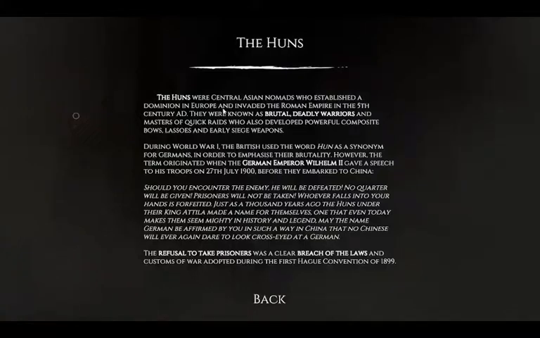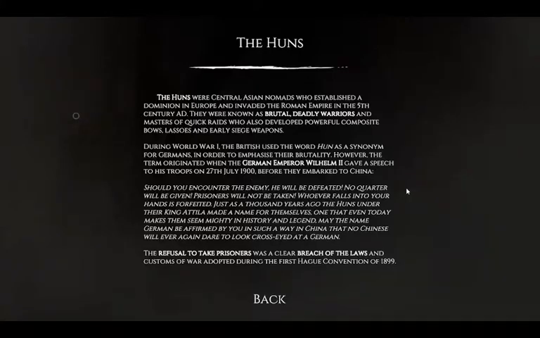The Huns were Central Asian nomads who established dominion in Europe and invaded the Roman Empire in the 5th century AD. They were known as brutal, deadly warriors and masters of quick raids who also developed powerful composite bows, lassos, and early siege weapons. During World War I, the British used the word Hun as a synonym for Germans, in order to emphasize their brutality. However, the term originated when the German Emperor Wilhelm II gave a speech to his troops on 27th July 1900, before they embarked to China. Should you encounter the enemy, he will be defeated.